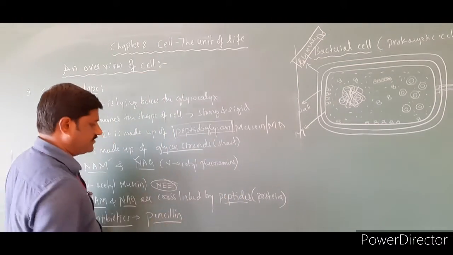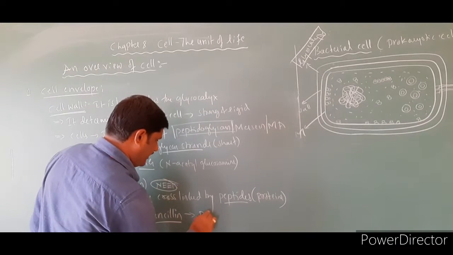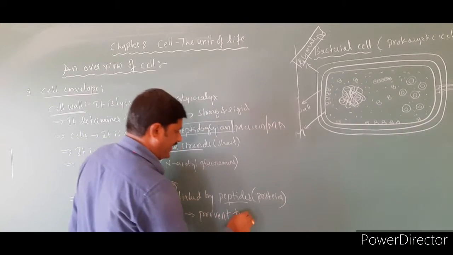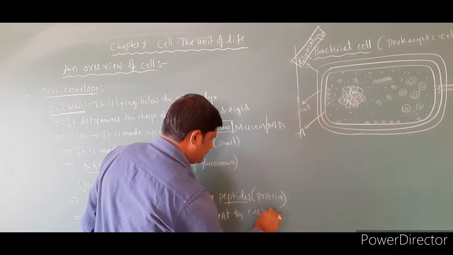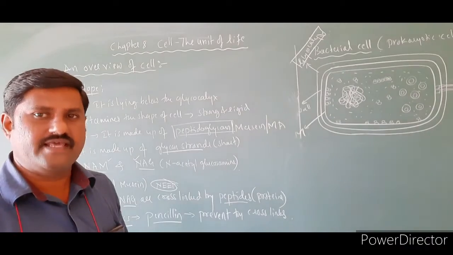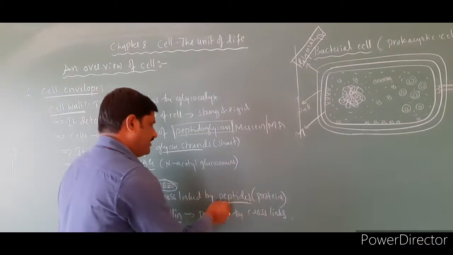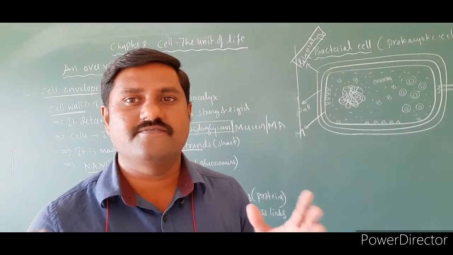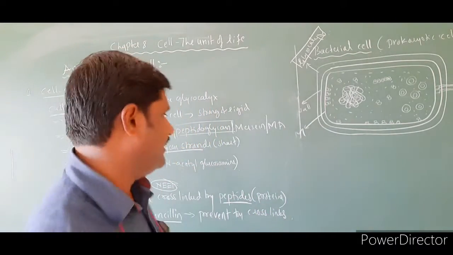Antibiotics like penicillin prevent the cross-links made by the peptides. This is how the breakdown of the bacterial cell wall takes place.